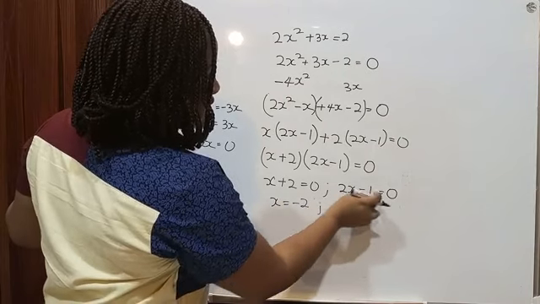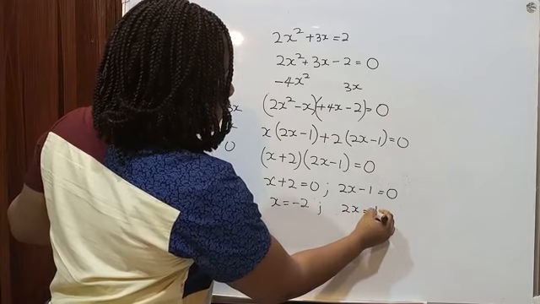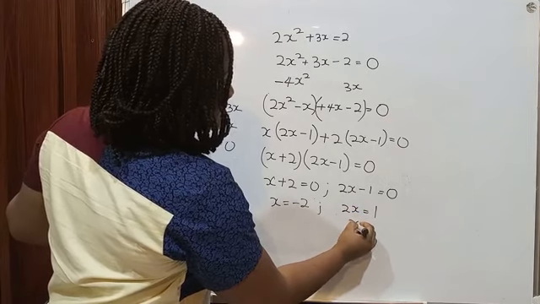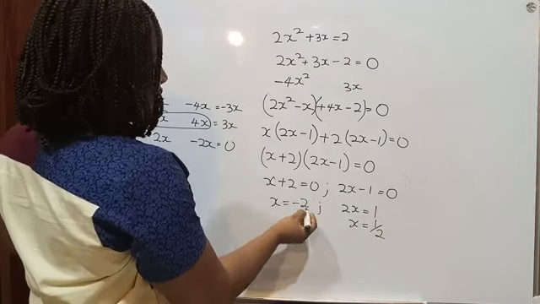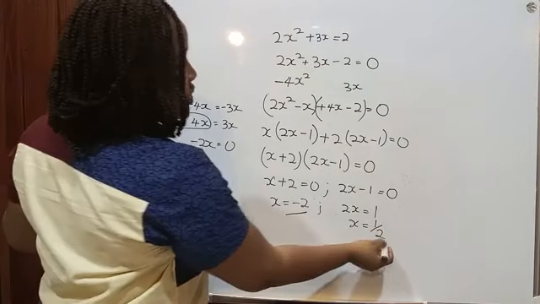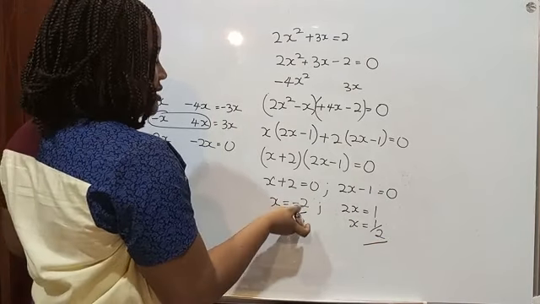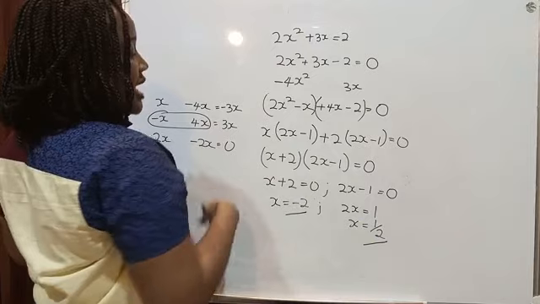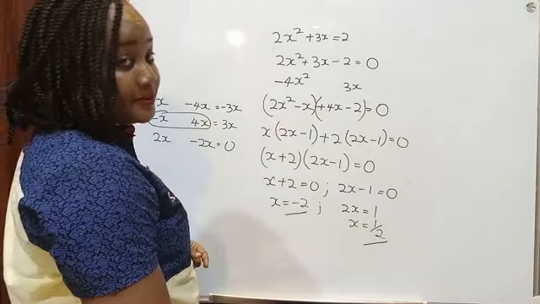Then 2x minus 1, you have 2x equals 1 and x equals 1 over 2. So you have x to be either minus 2 or x to be half. You can try putting them into the equation and see if indeed this is correct.